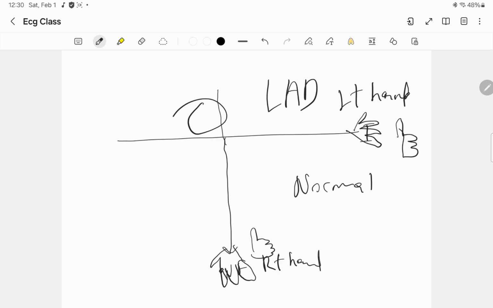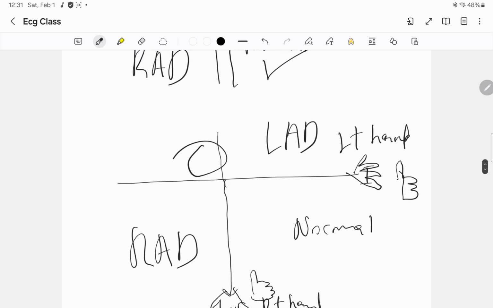If the left hand has a thumbs down and the right hand has a thumbs up, then it's right axis deviation. And if both hands have a thumbs down, then it's clearly very weird. So it's got to be far right axis deviation. So you can use your actual thumbs, look at an ECG and work it out. So let's do that together.